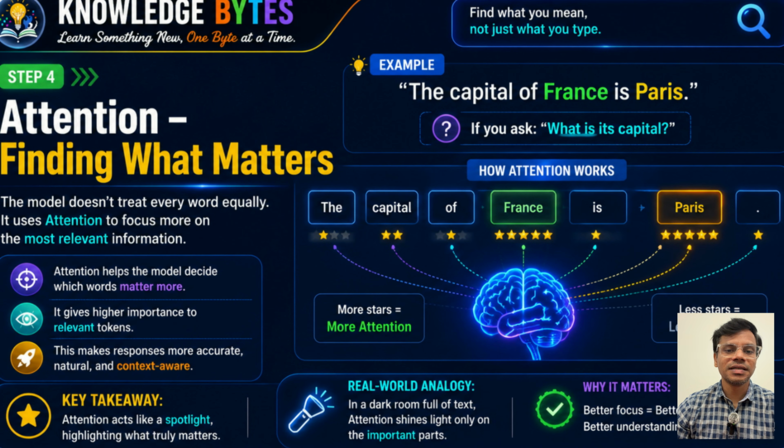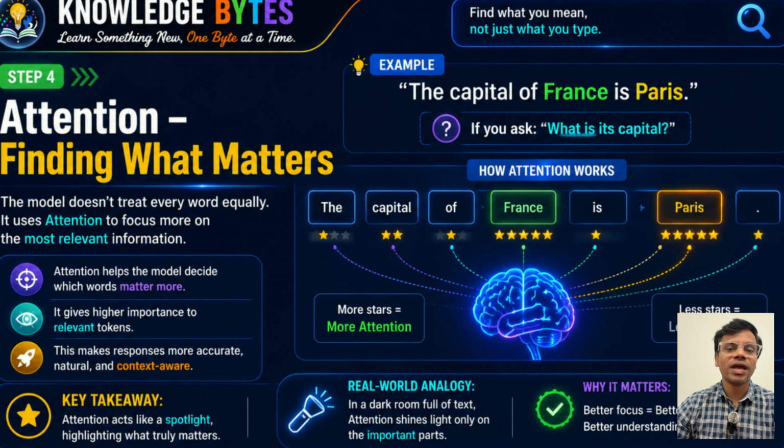For example, in the sentence, the capital of France is Paris, if you ask what is its capital, the model focuses much more on France and Paris than on words like the, of, or is. So while the context window decides how much the model can see, attention decides what deserves the most focus.